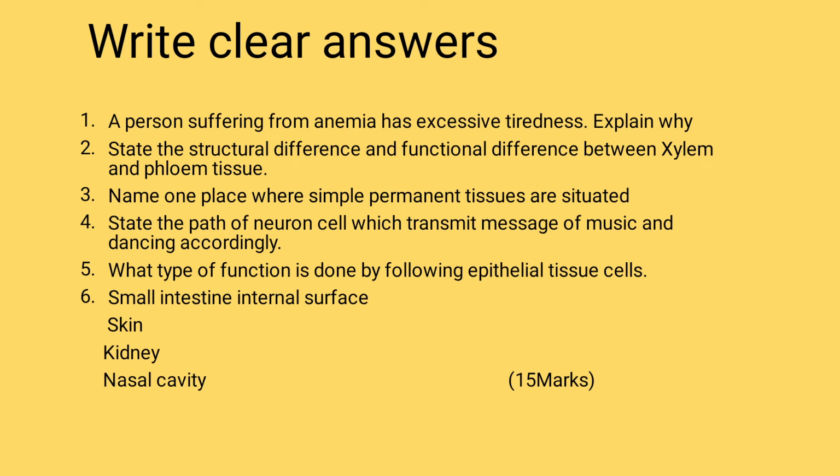State the parts of the neuron cell which transmit the message from music to the brain and make us dance accordingly. How do we get the message of music to the brain?